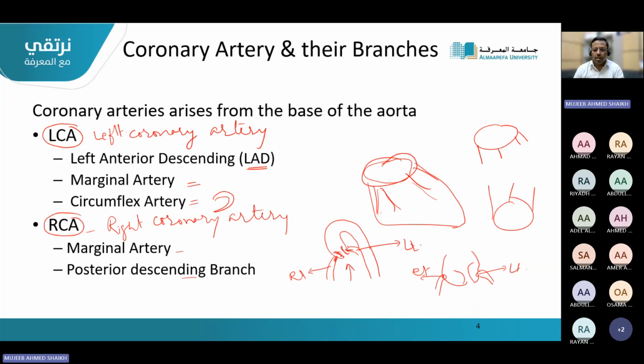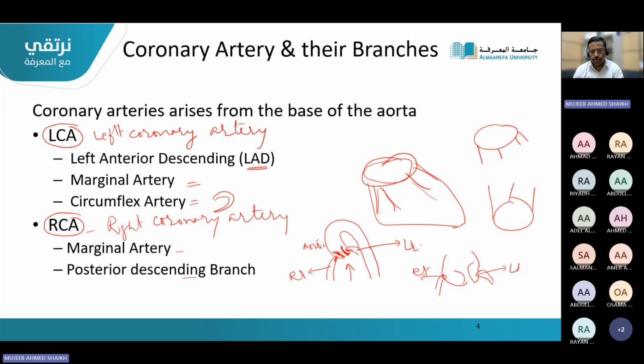And what are these two? Valves. Which valve? The aortic valve. Very good. These are two semilunar valves.